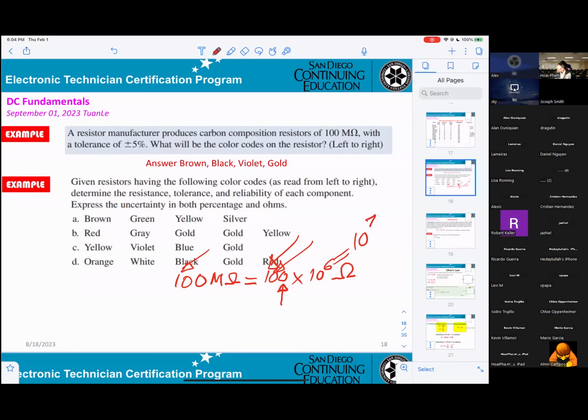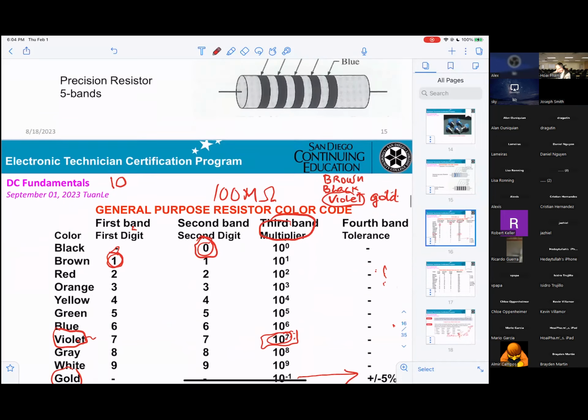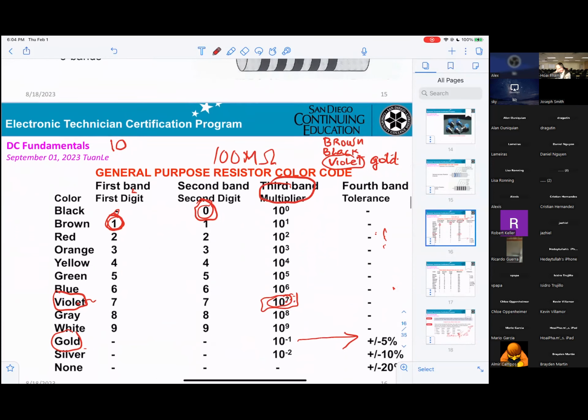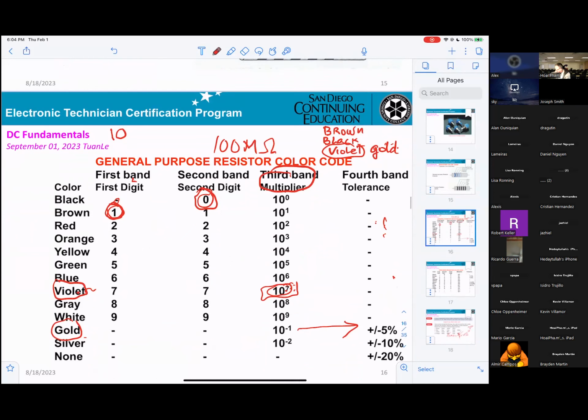So the third one will be the multiplier, and for the multiplier you want it to be a 7. So that's why you can see the first digit, you get 1. The second digit, they give you the black, which will be 0.